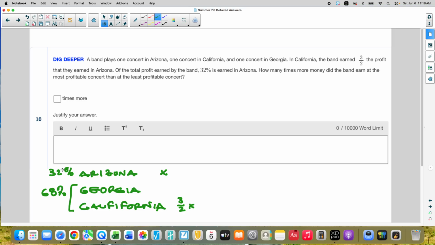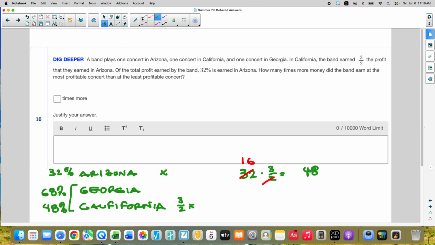So 32%, and let's multiply that by 3 over 2. 32 times 3 over 2, we're going to cross cancel because we like to make our numbers smaller. 16 times 3 is 48. So that's 32%, California is going to be 48%.